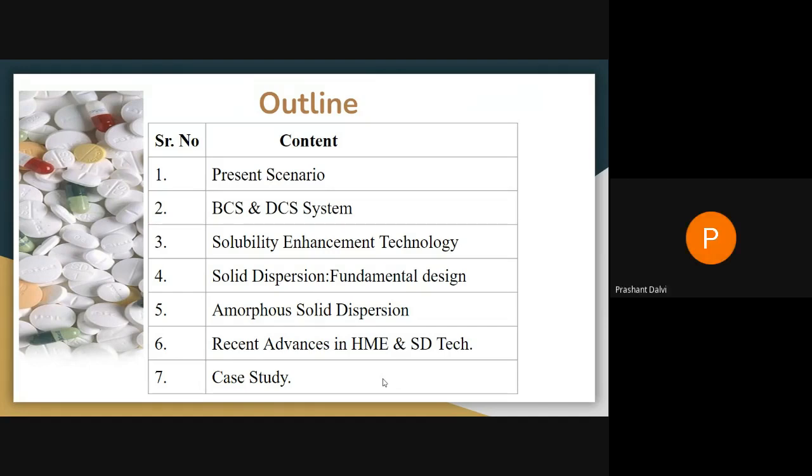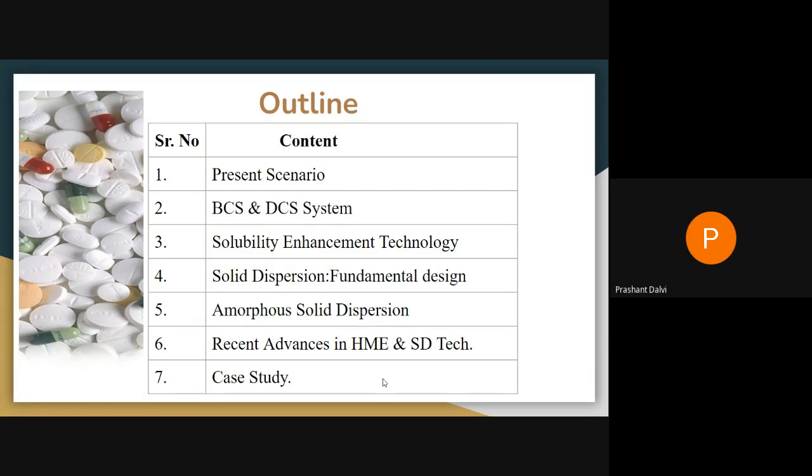Outline of discussion is, first I will be focusing on the present scenario, then the biological classification system, that is BCS and DCS classification systems. Then I will be focusing on solubility enhancement techniques. Then I will take you through solid dispersion, the fundamental design of the solid dispersion.